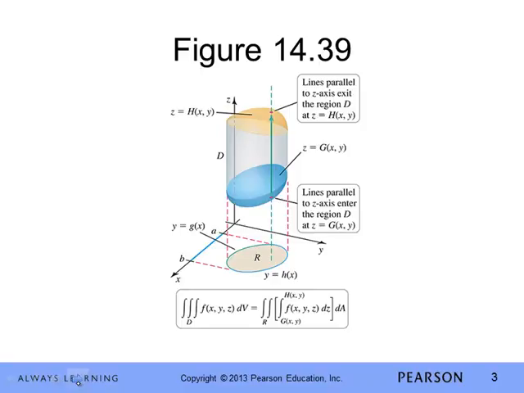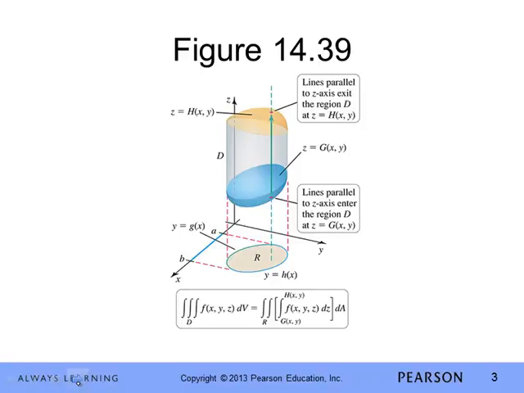So what we're thinking about is integrating over a three-dimensional space. This three-dimensional space could look something like this, where in this example you have z varying between these two surfaces in a sort of vertical sense. Maybe z is bounded below by this surface here, given by the equation z equals g of x, y.